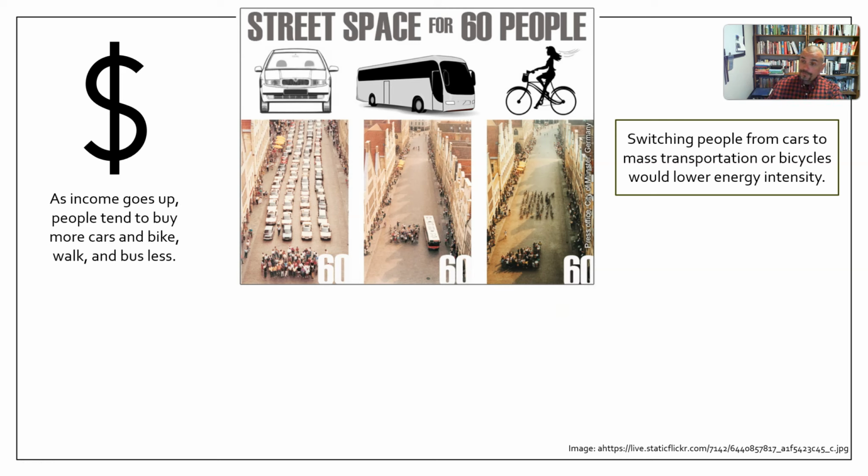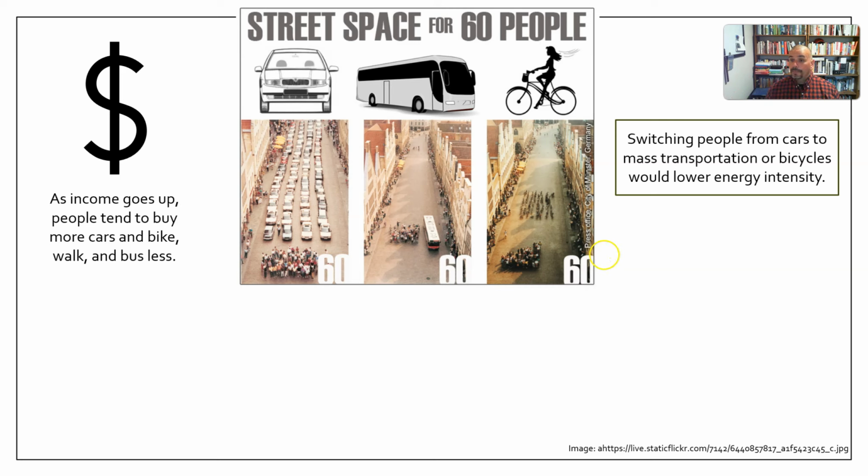And in recognition of the fact that cars produce a lot of pollution, we have a lot of city, provincial, and national governments really interested in switching how people transport themselves around. So if we were to get all of those people in cars into buses or bicycles instead, it would lower the energy intensity. We would need a lot less energy to get the same things that we want. So we want to get to the grocery store, we want to get to work, we want to get to school.